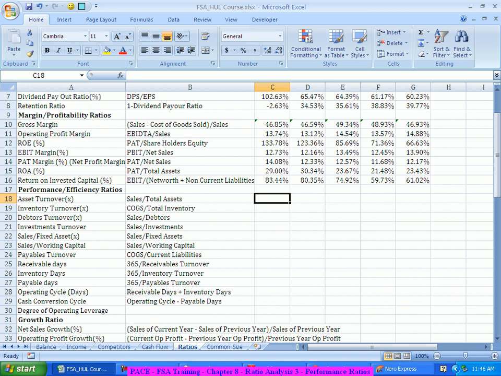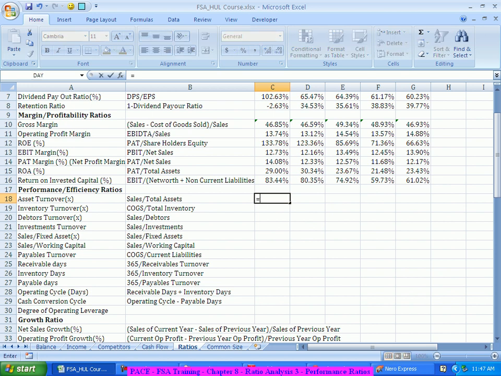So how well the assets are utilized to produce something which is ready for sale. So the higher the ratio is, the better it is, because the asset utilization is much better in the company. So these all talk about the utilization aspect.